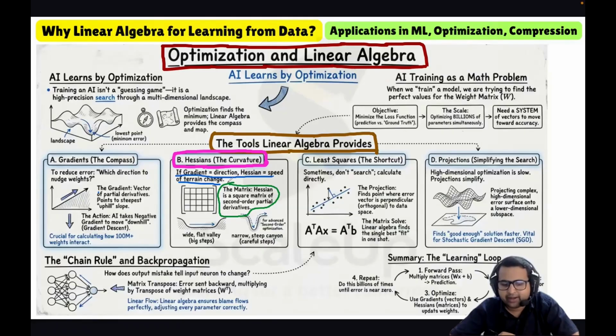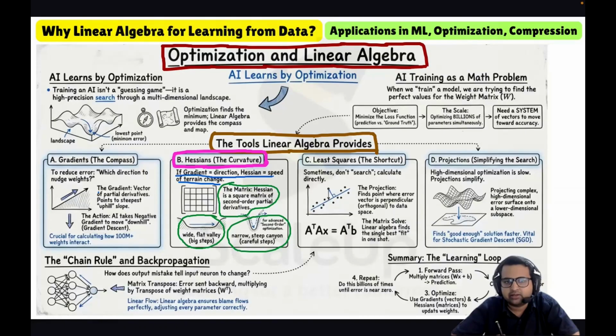So the Hessian matrix helps the optimizer understand if it is in a wide flat valley where it can take big steps, where the speed of terrain change will be very less, or if we are in a narrow steep canyon where we have to take careful steps because the speed of terrain change, the curvature, is extremely high.